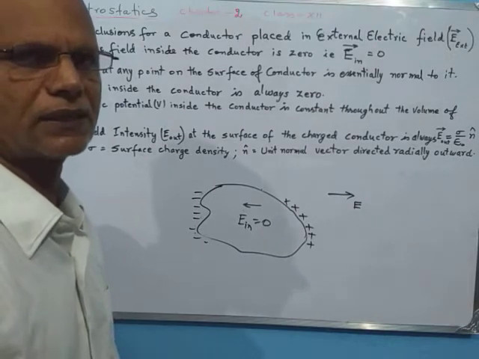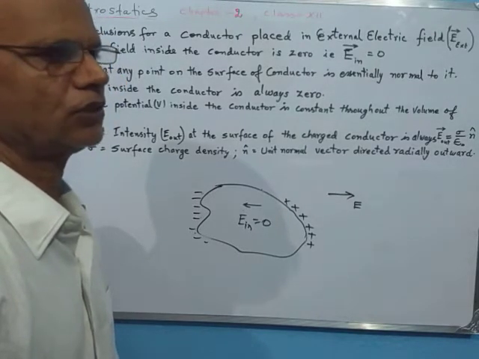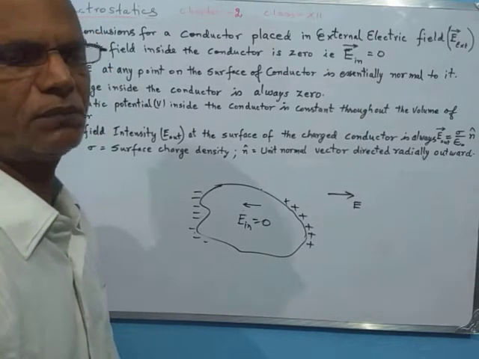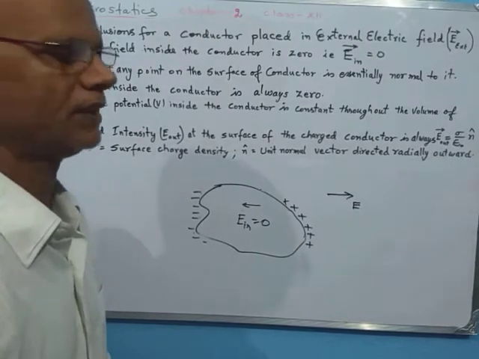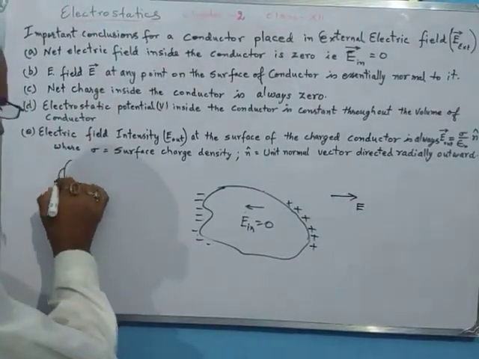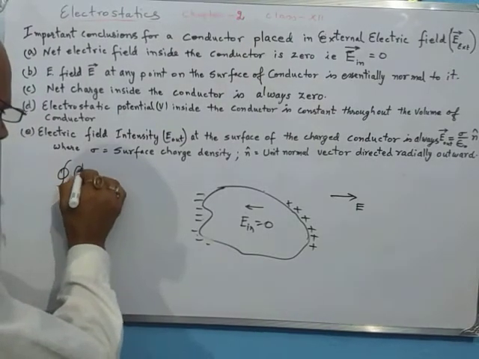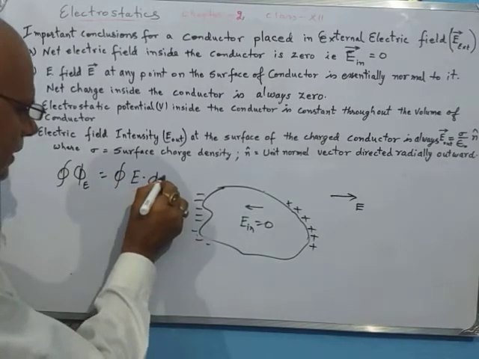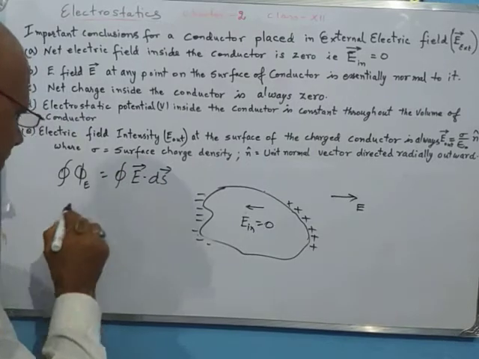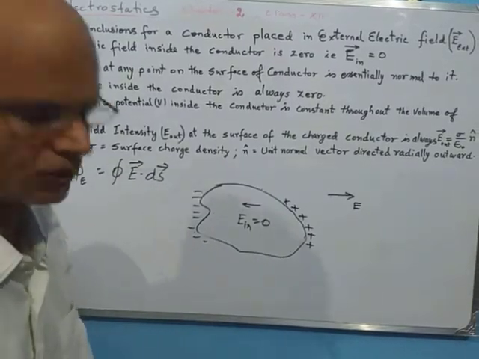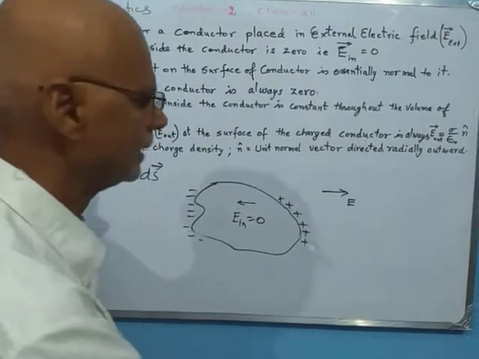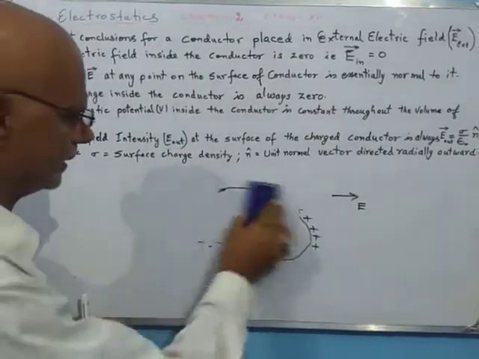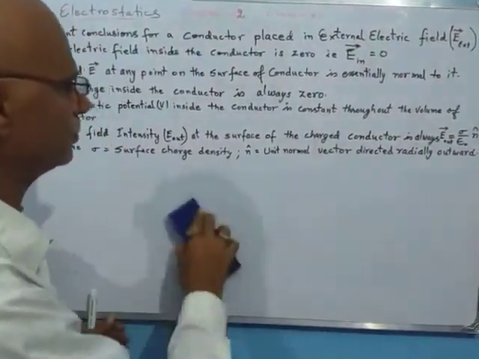So as all the charge is moving outside, the net charge enclosed will be 0, and if the net charge enclosed is 0, the flux will be 0, and then the integral of E dot ds will be 0, and therefore the electric field will be 0 if the net flux is 0. So that way also you can understand how the net electric field inside a conductor when placed in an external electric field will always be 0.